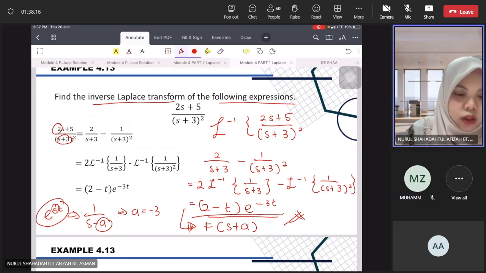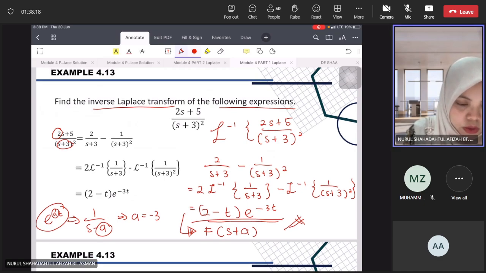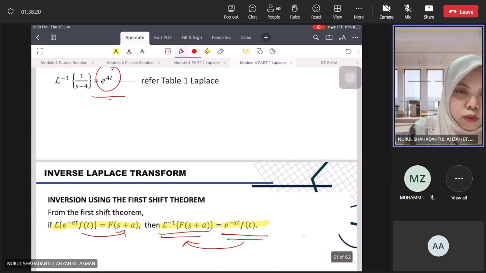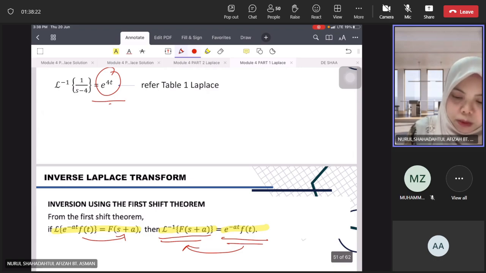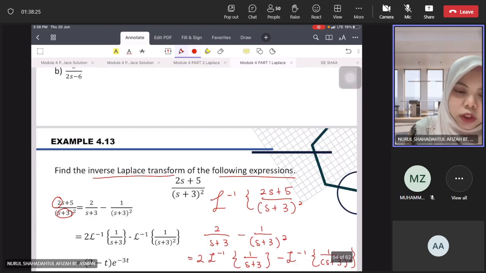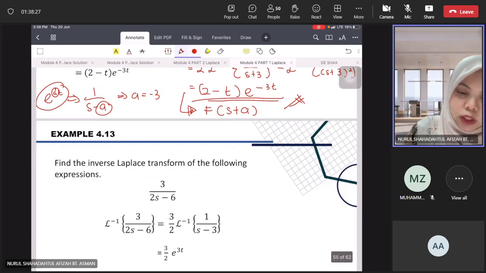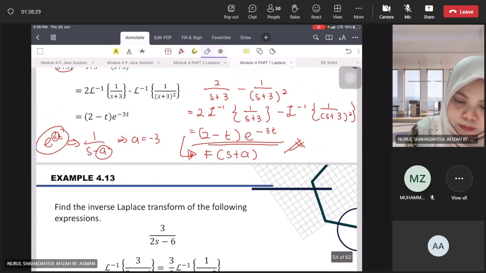Yeah, it's the same as the first shift theorem that we do for the normal Laplace, but this one is different because it involves the inverse Laplace.